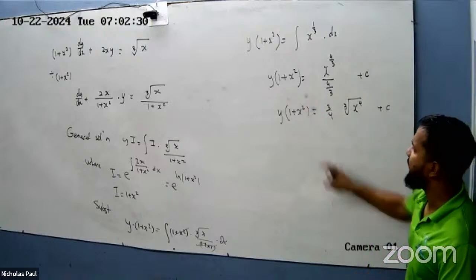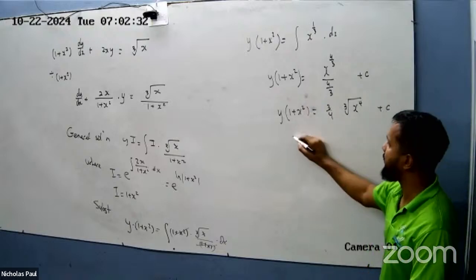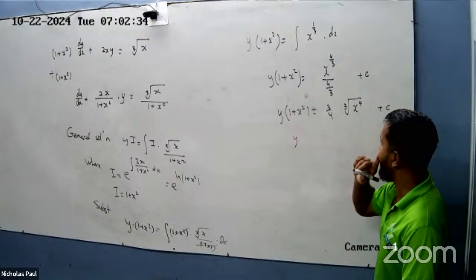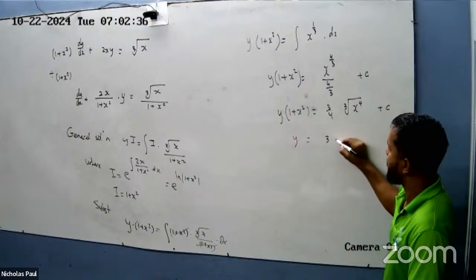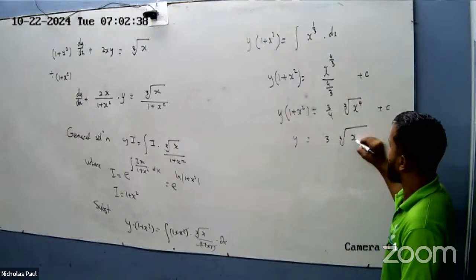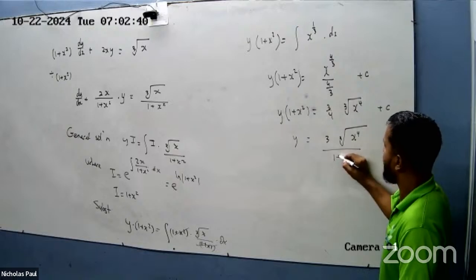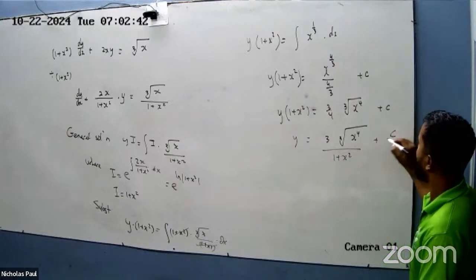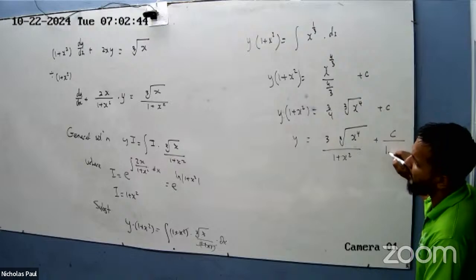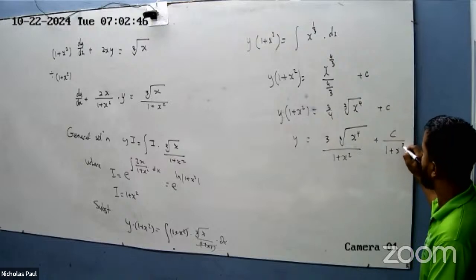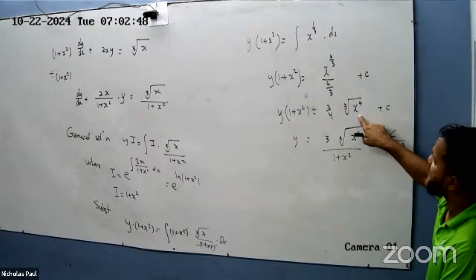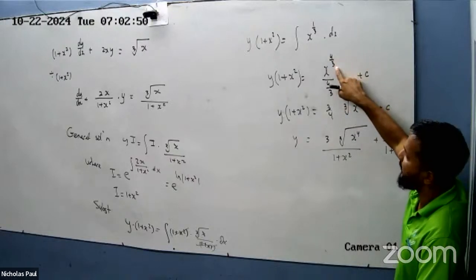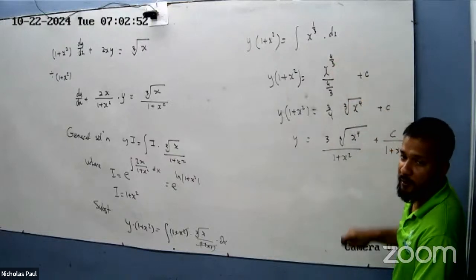And then you can divide everything by 1 plus x squared. Not looking too nice, but remember 4/3 means x to the 4th, cube rooted.